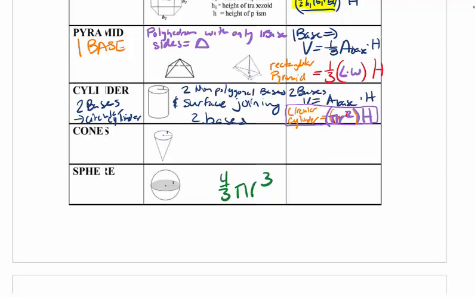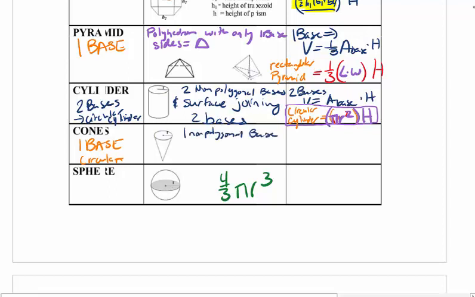Going to my cone, there is 1 base, and we are going to only deal with the circular base again in this class. So I have 1 non-polygonal base and the surface joining that base and the apex. The apex is just the point that it comes to.